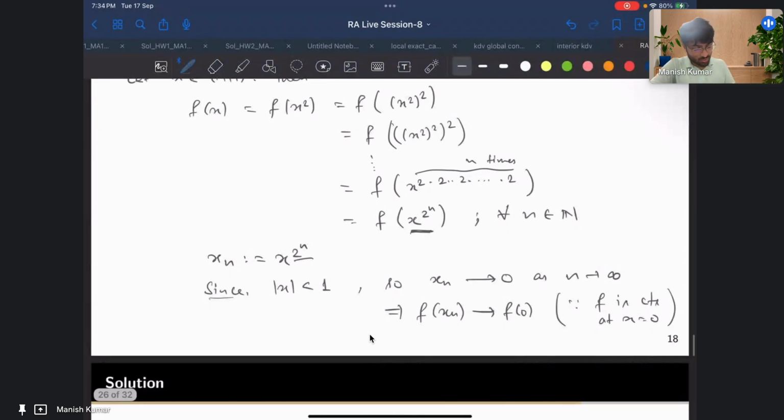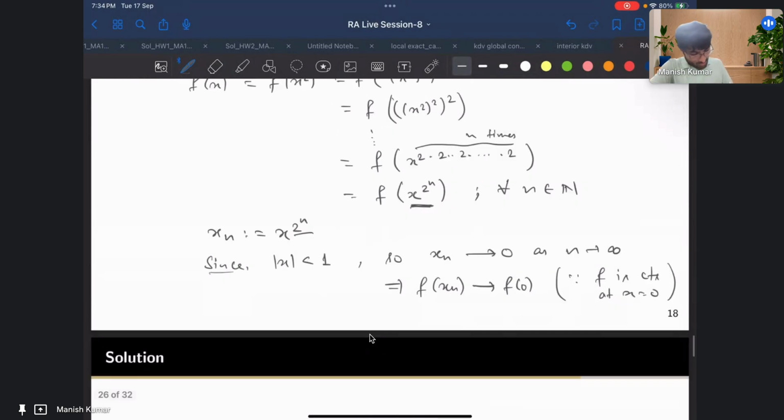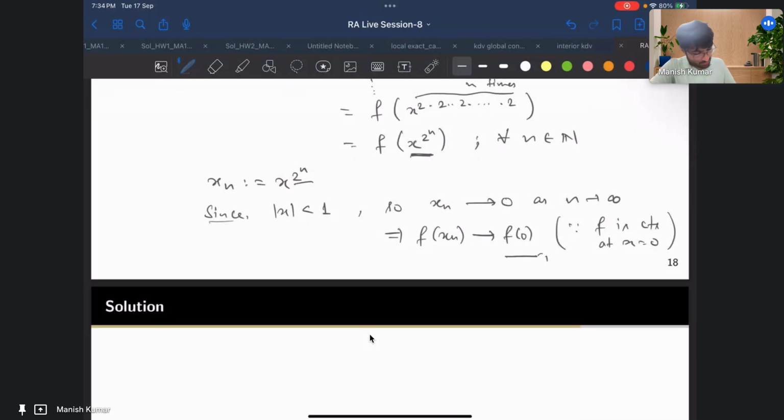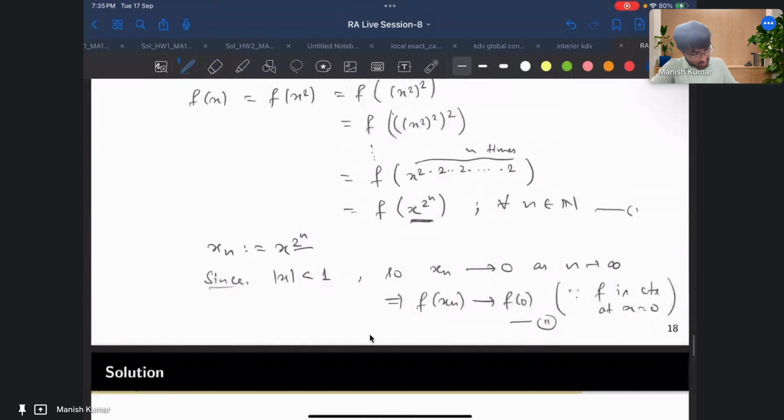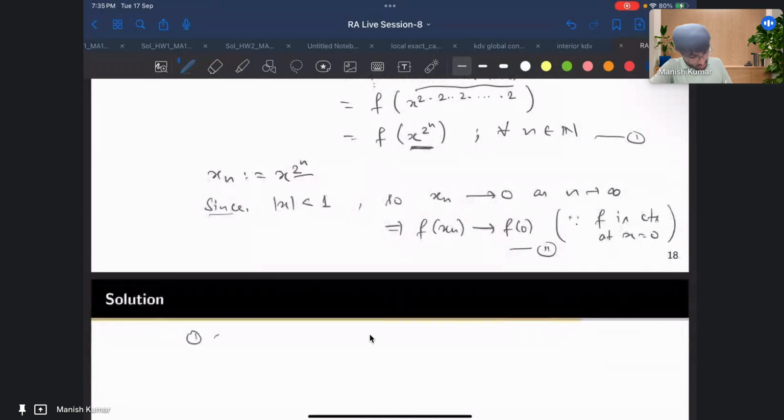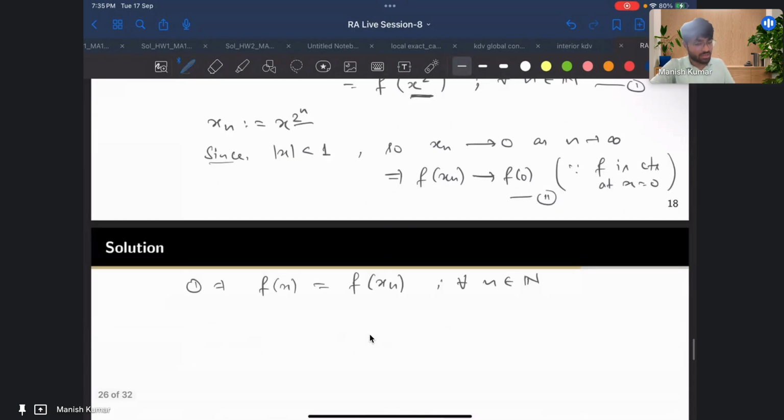So what have I obtained? Let's say this is 1, this is 2, and this is 1. So 1 tells you that f of x is equal to f of xn for all n belonging to N. Now you just pass the limit.